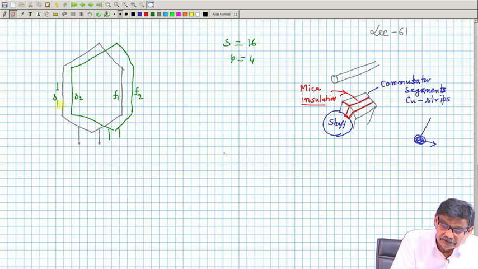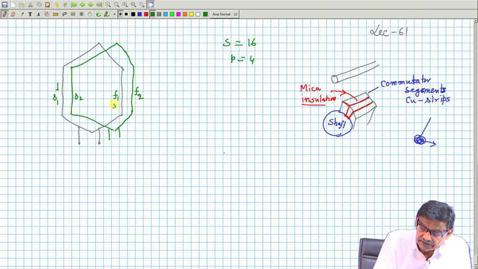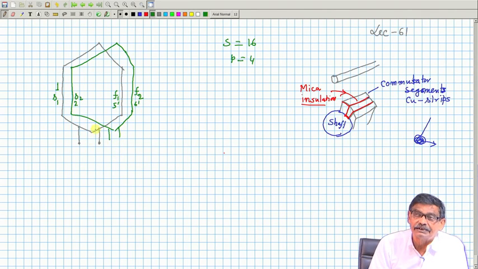So, it will be 1, 5 dashed, and this is 2, 6 dashed, and these coils are to be connected in series, that is S1 F1. Then I will start with this join S2 F2, and this process will continue. It gives you a lap winding.